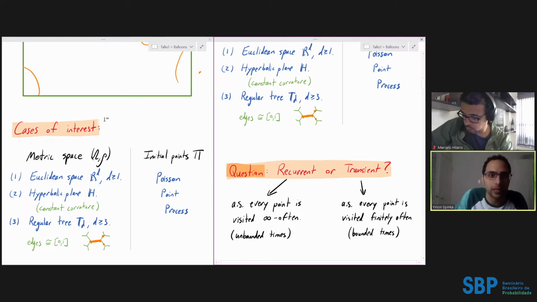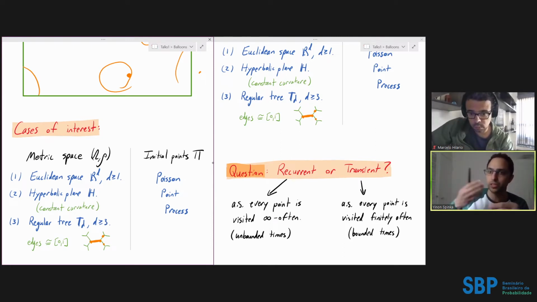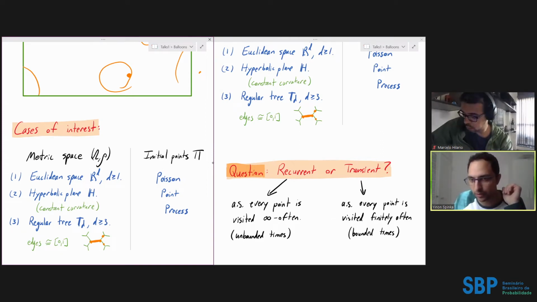If I look at a particular point in space and the times at which it's covered by some balloon, I want that set of times to be unbounded. So balloons return to every point infinitely often. That's recurrence, and transience means that almost surely every point is visited finitely often.